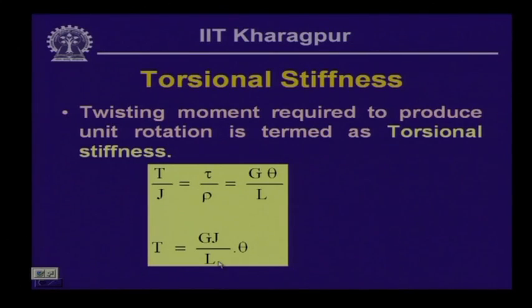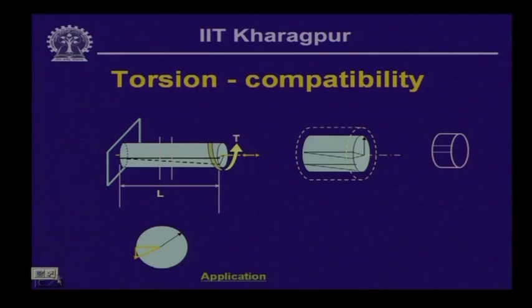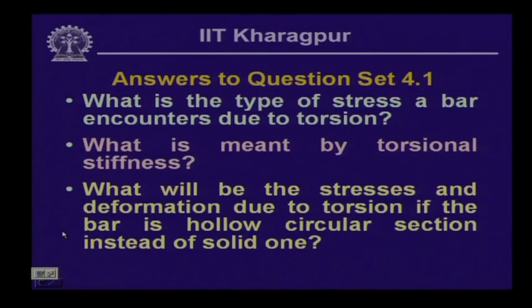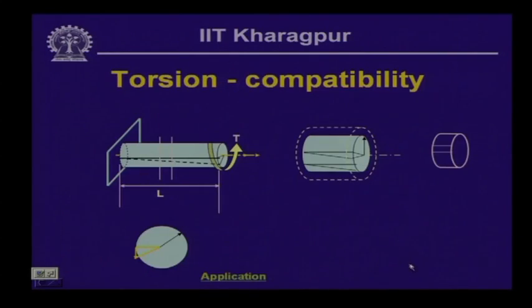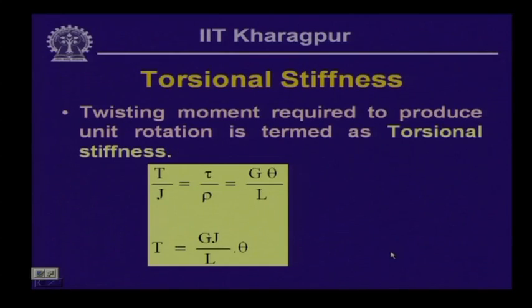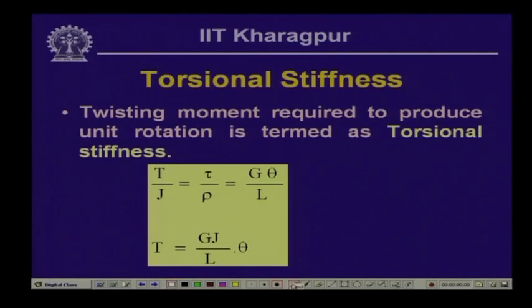Well, let us go back to the question which we had asked next, which is what is meant by torsional stiffness. The second question asked was, what is meant by the torsional stiffness. Now, let us look into the expression which we had derived last time for the torsional moment.